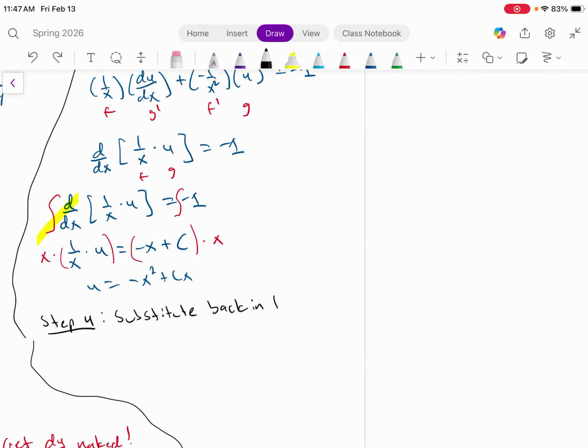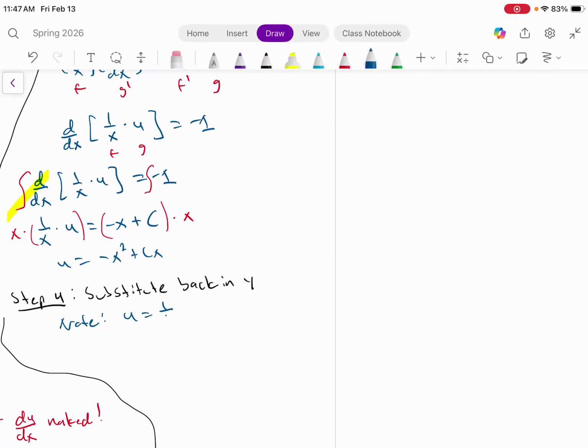So note that we have u equals 1 over y. So if I plug back in 1 over y for u, what we get is 1 over y equals negative x squared plus cx.